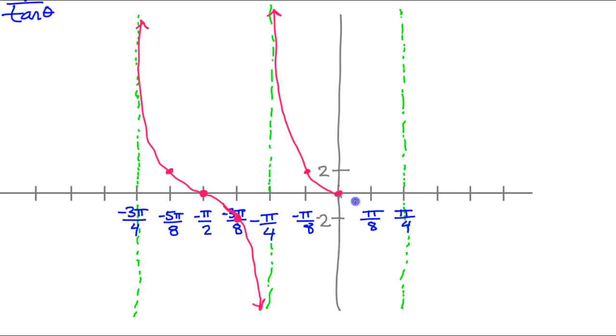And I'm going to continue falling. Cotangent's always falling. But at the halfway mark, it should be at negative a value. So it should be right there. So I'm going to try to hit that. Alright, so there you go. That's 2 periods of the cotangent function.